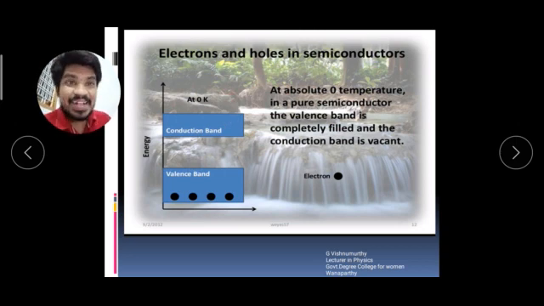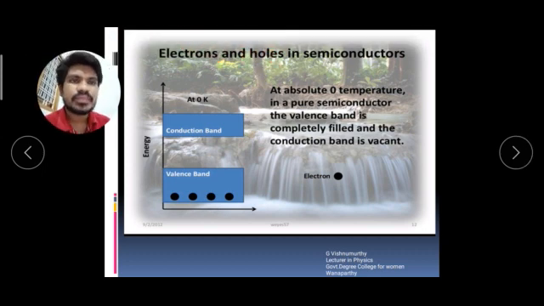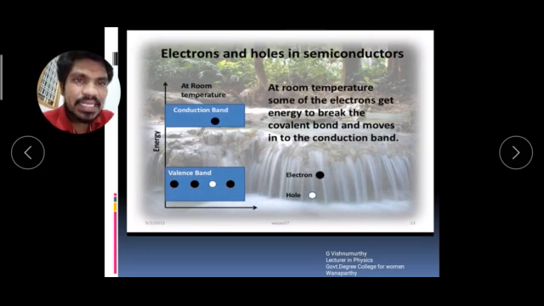When the valency electron reaches the conduction band, a small amount of current will pass through the material. That is not our topic. Our topic is electron and hole. Here you see this, the electron which is present in the conduction band, because this third electron captured the energy, it left the valency band and reached the conduction band.